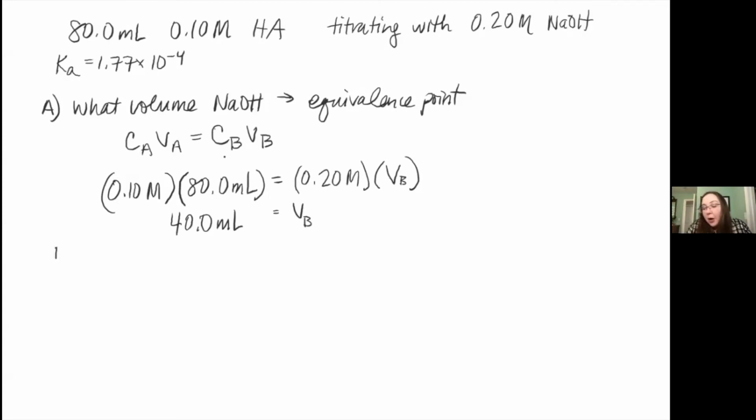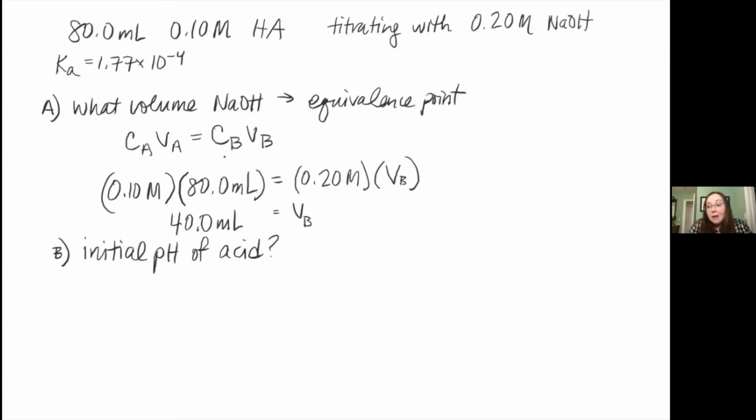Now, the second part of the question is, what is the initial pH of our acid solution? For this one, because we've got a weak acid, our formic acid is a weak acid, and what do weak acids do? They just react with water to make hydronium and the conjugate base.